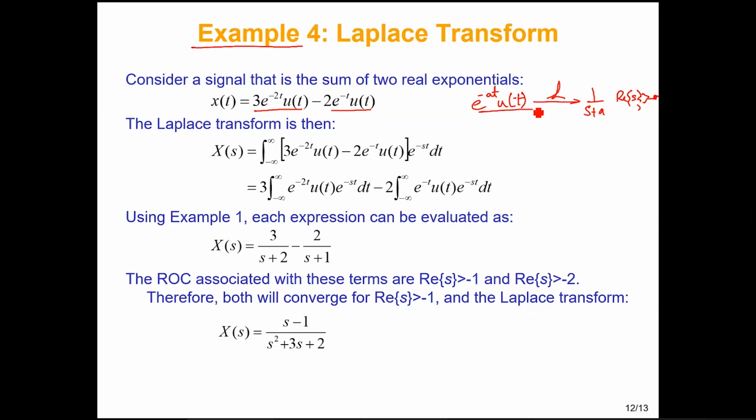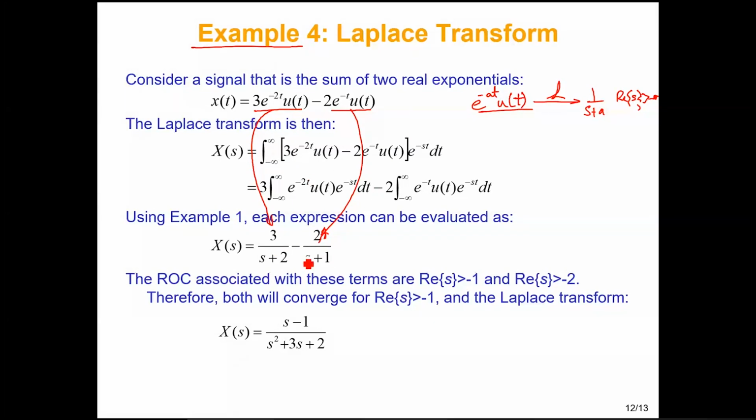So this we already know. And since we have two of them, we can take them separately and directly write the constant 3 times 1 over s plus 2, and here e raised to the power of minus a t u(t) with a equal to 1. You can do the math, you can do the integration as shown here and still reach the same thing.